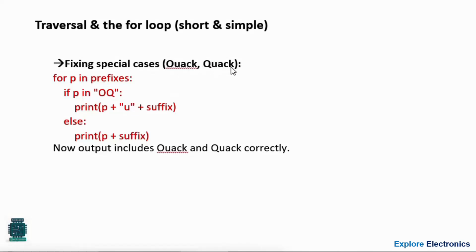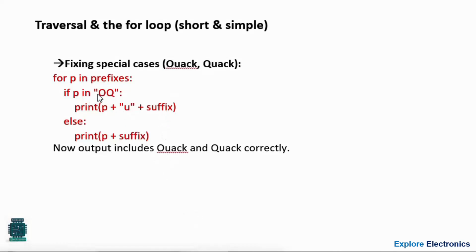Here it is fixing special cases, that is OUACK, QUACK. How can I access particular elements from the string? Let us see. For P in prefixes, if P in O or Q: when it comes to O and Q, I only have to get the O and Q. Whenever I get O and Q, it will print U and suffix. Got it?